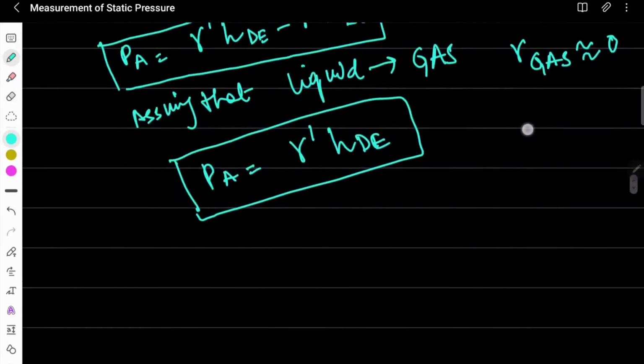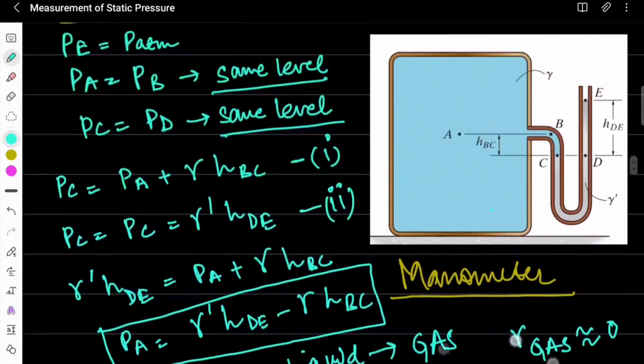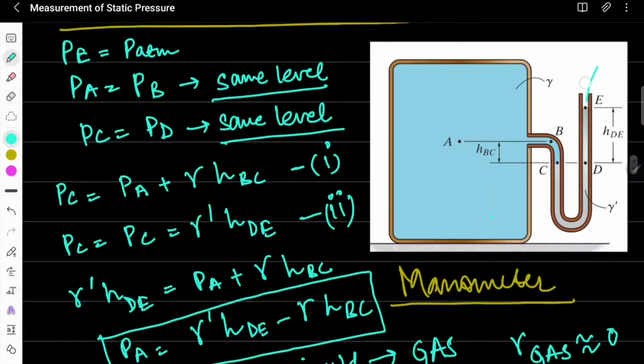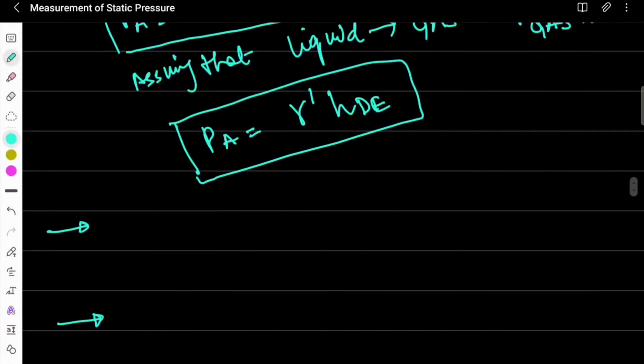Now there are two more points for discussion. In order to reduce the error when using a manometer, it is best to use a fluid having low density, low specific gravity. Especially you can use water. The benefit of a low specific gravity is that the height of rise will be high.